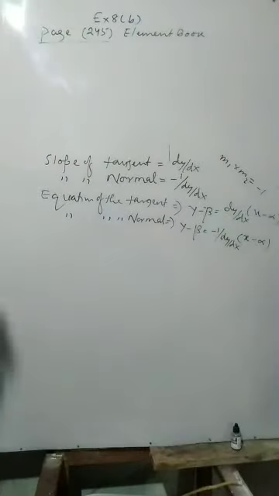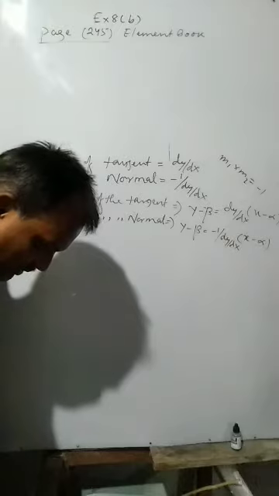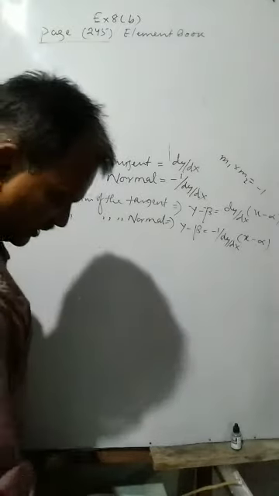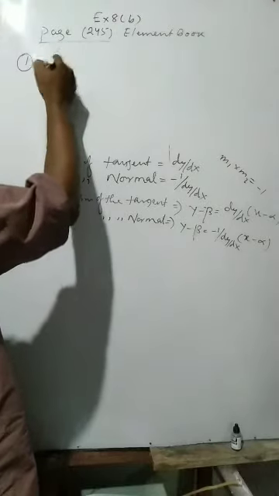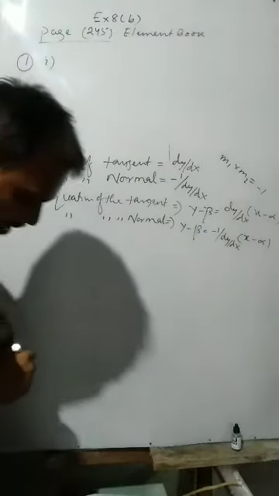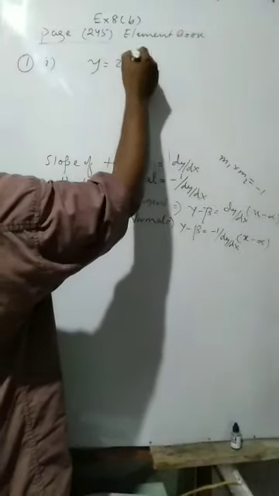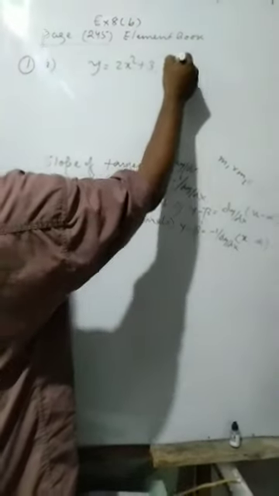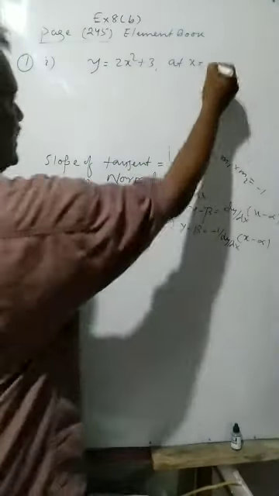Now look here. The first question: find the equation of tangent and normal to the curve y equal to 2x square plus 3 at x equal to minus 1.